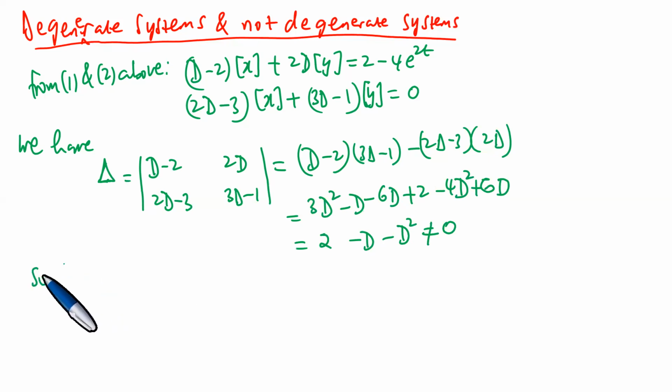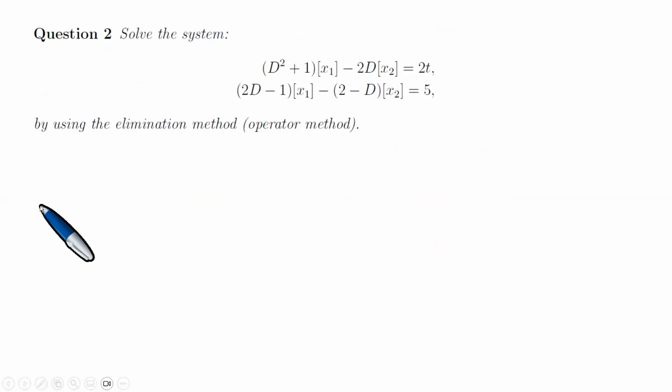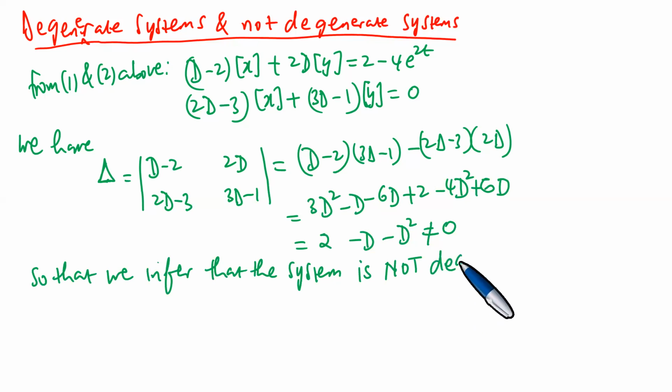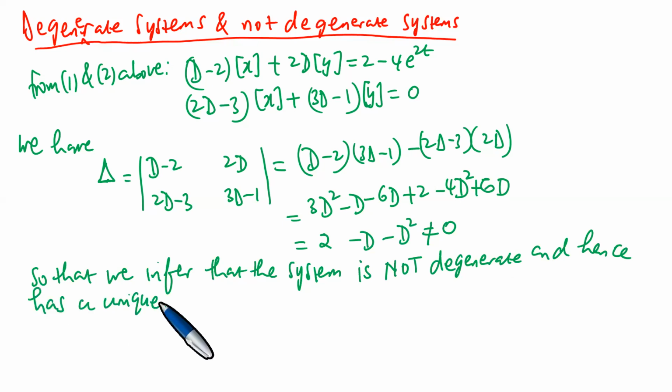And the conclusion is that we infer that the system of differential equations we were given at the beginning is not degenerate, and hence has a unique solution.